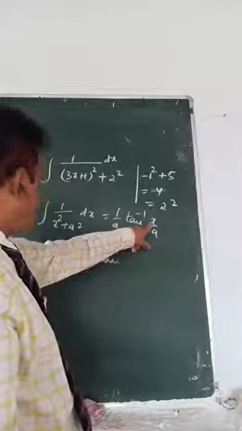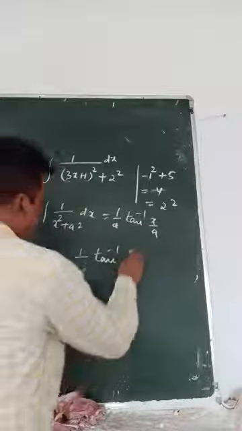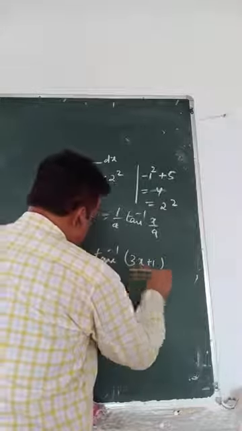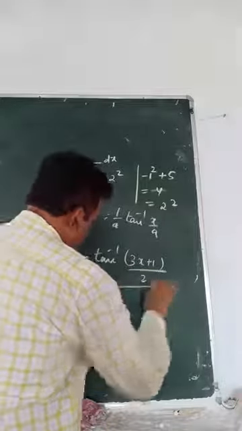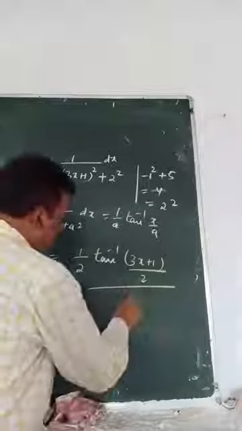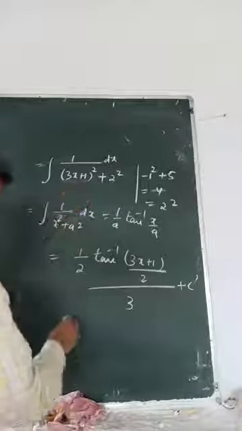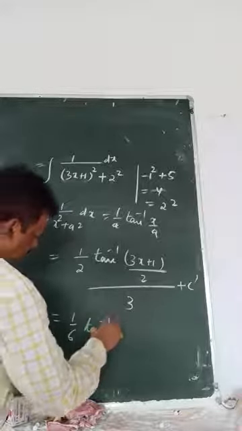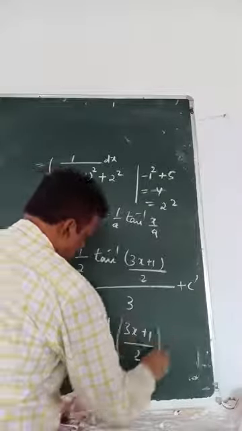In place of x we have got 3x plus 1, so 3x plus 1 divided by a, which is 2. The derivative of 3x plus 1 you have to divide. So don't forget this part. So it became 1 by 6 tan inverse of 3x plus 1 by 2, plus c.